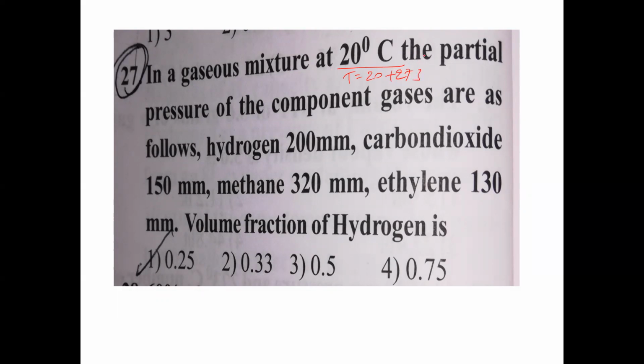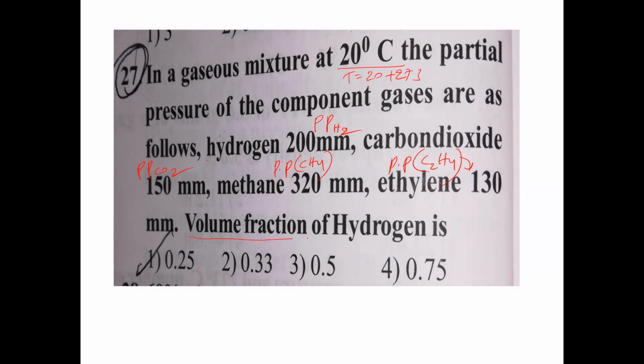The partial pressures of the component gases are as follows: the partial pressure of H2, of CO2, of CH4 methane, and of ethylene. Ethylene means C2H4 gas. It is given that the partial pressure of ethylene is 130 and the partial pressure of methane is 320.